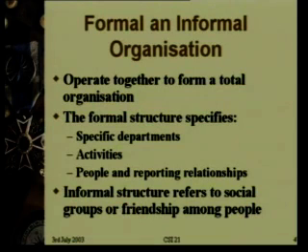Informal structure refers to social groups or friendship among people, which are very conducive for working in an organization. So not only the formal structure, but informal structures are equally important in an organization.